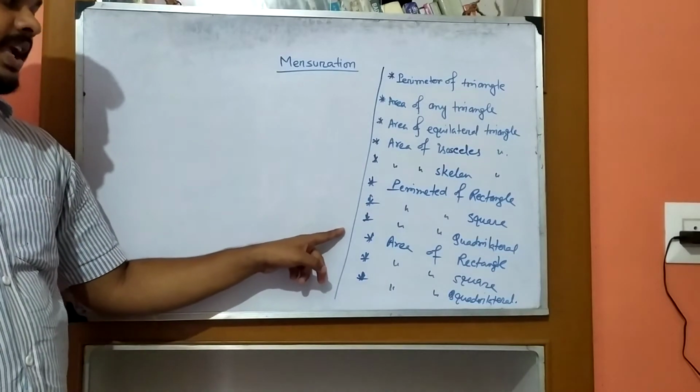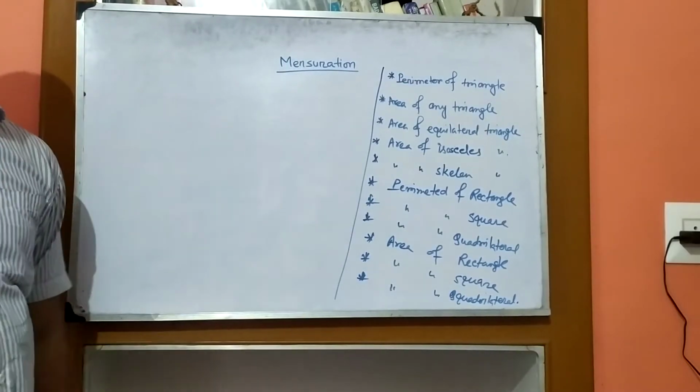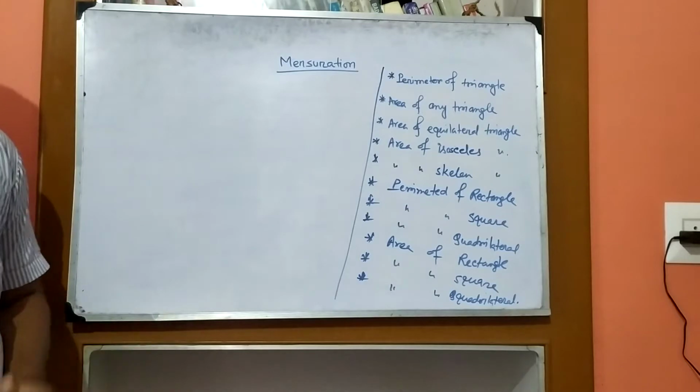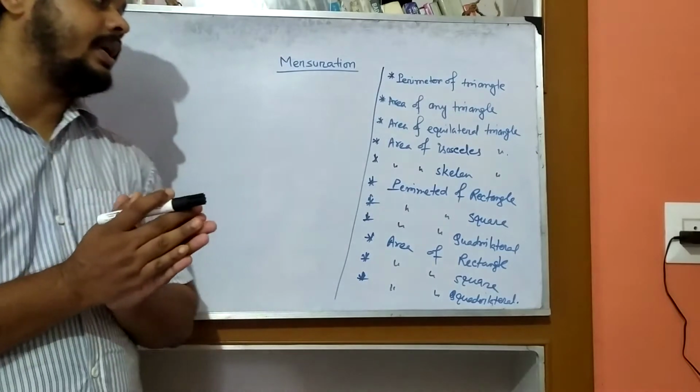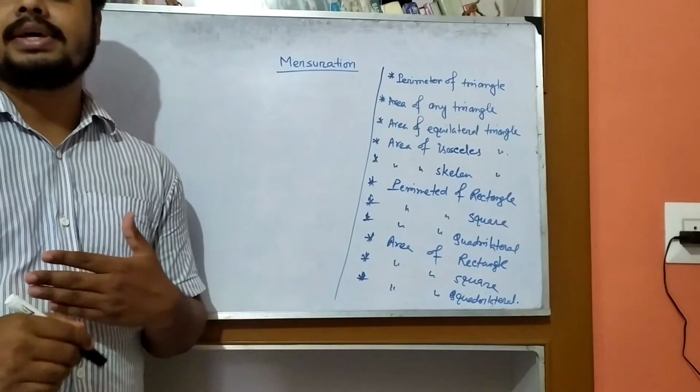In the same way, area of rectangle, area of quadrilateral and area of square. I think all of you know that already, but today we are going to show how the formulas come.